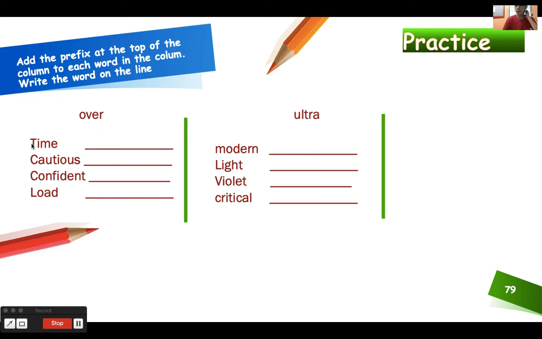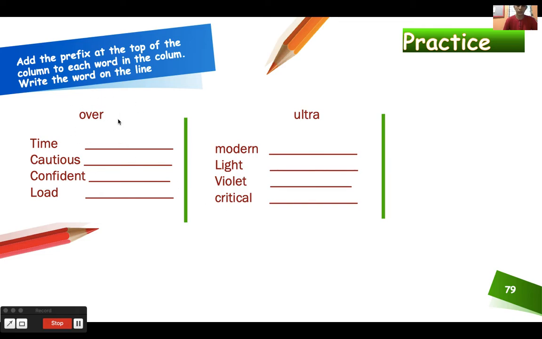In this case, we have time, cautious, confident, and loud for over. And for ultra, we have modern, light, violet, and critical.